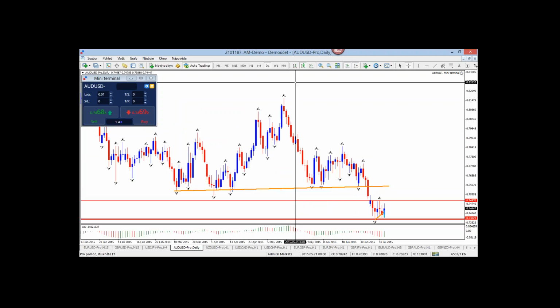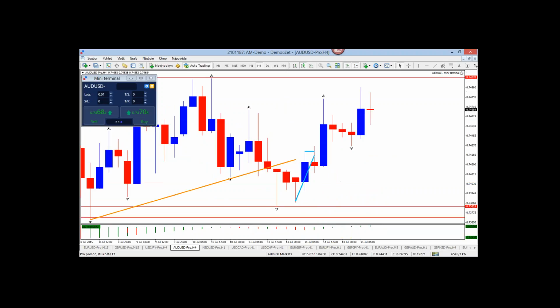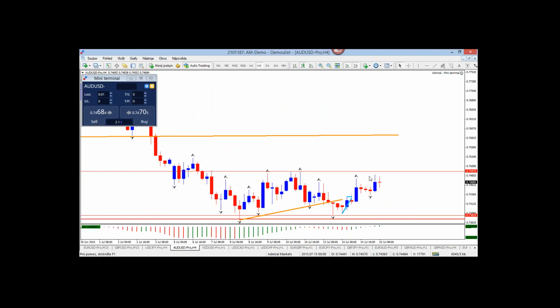Let me take a look at the daily. 1, 2, 3, 4, fifth daily candle. So I don't know. It has to be the next day or two, otherwise this downside momentum is over. So the downside momentum is still present on the daily. 4-hour is definitely not showing that.